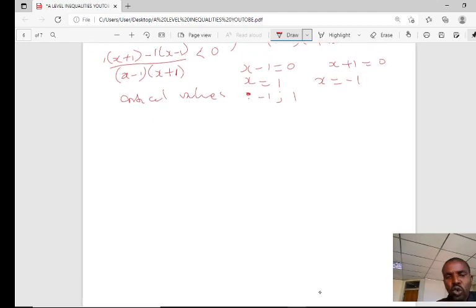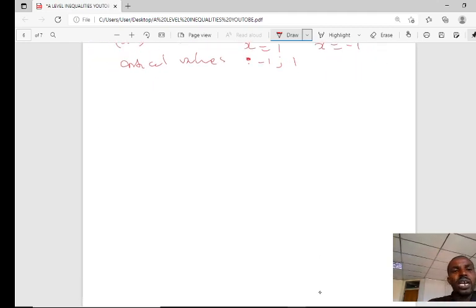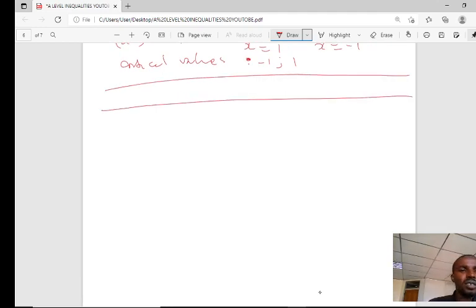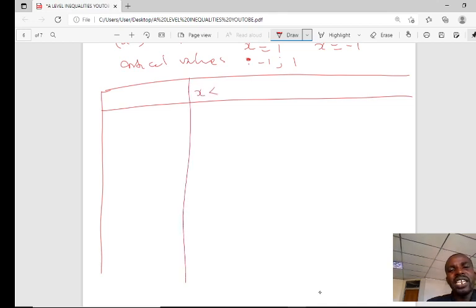Then you draw your table of signs. The first one will be x less than the smallest number, which is minus 1 in this case. Then x lies between minus 1 and 1.